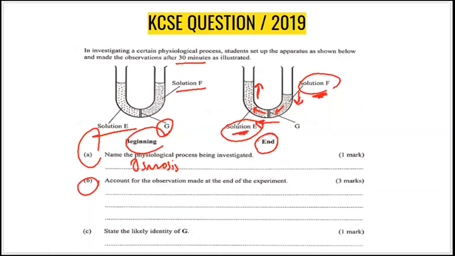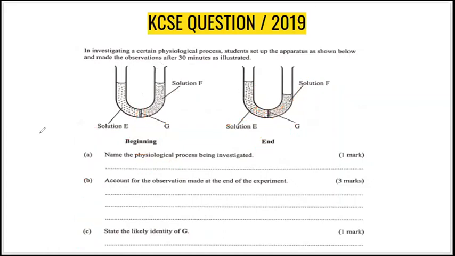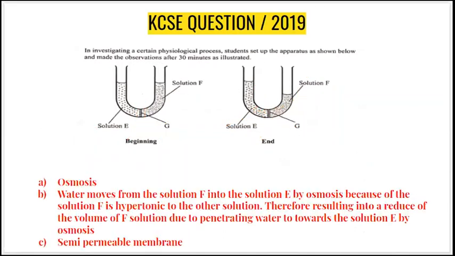That is the explanation. And lastly, state the likely identity of G. It's most likely a semi-permeable membrane, so that water molecules are able to penetrate to the other side. That is it. Let's see the answers also.